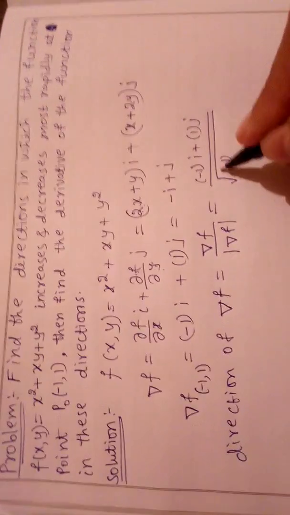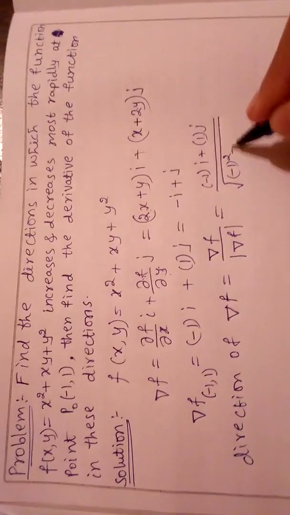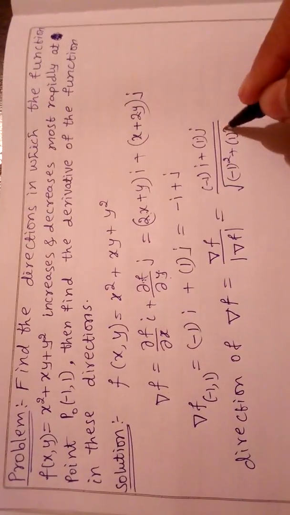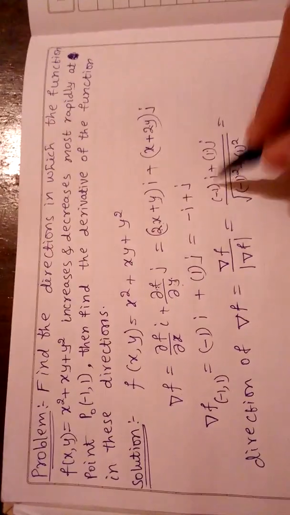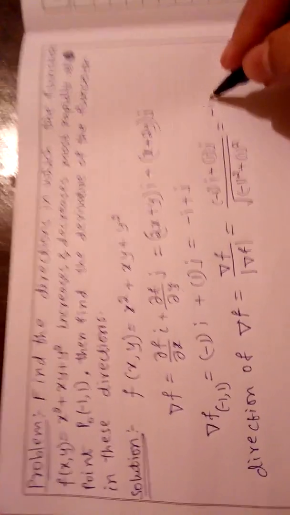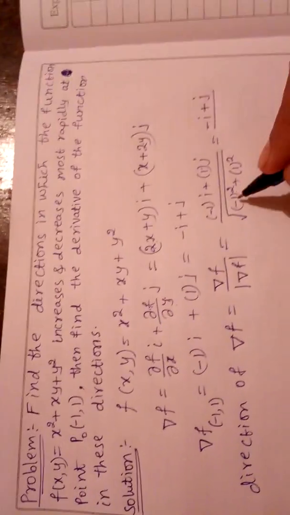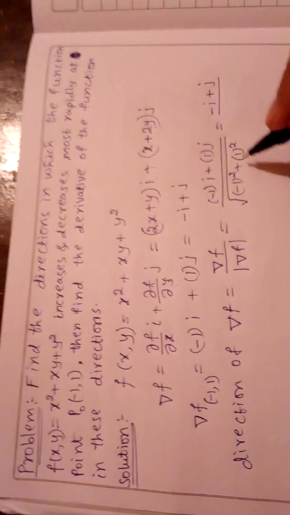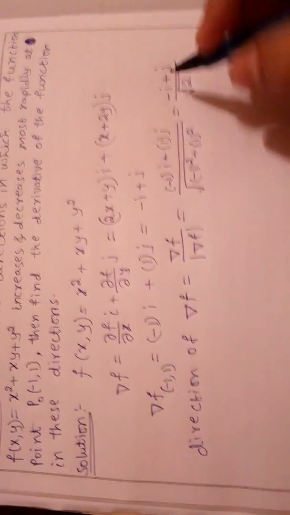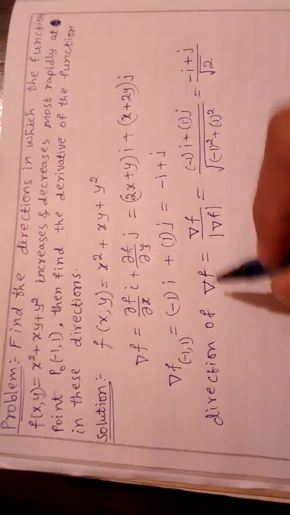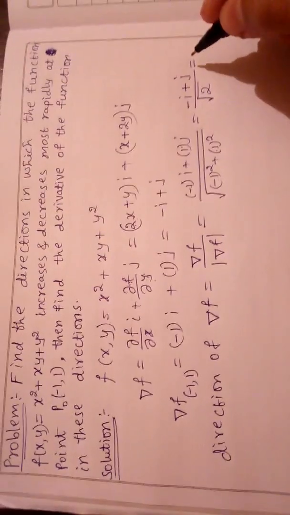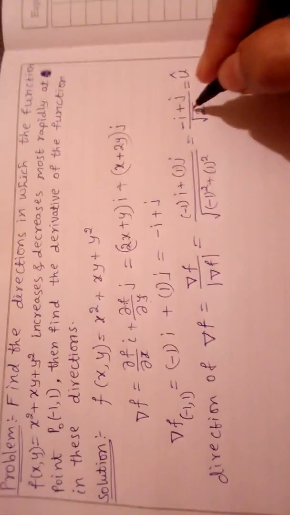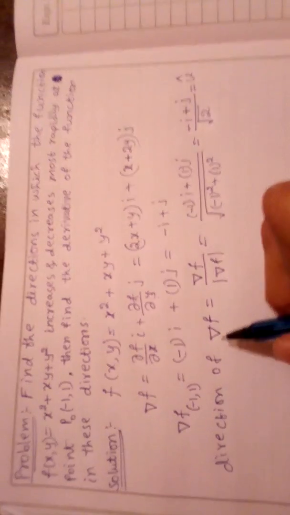That is (-1)² plus 1², which is 1 plus 1, so 2, giving root 2. This is denoted as u cap because this is the unit vector of the gradient vector of f.